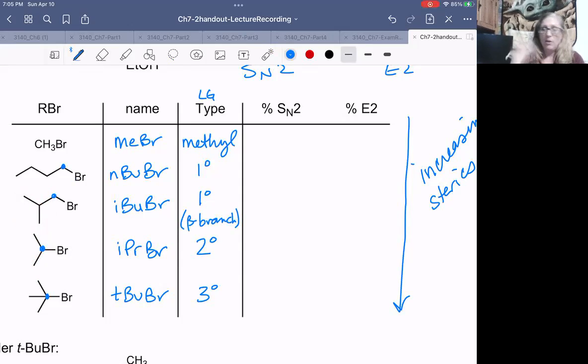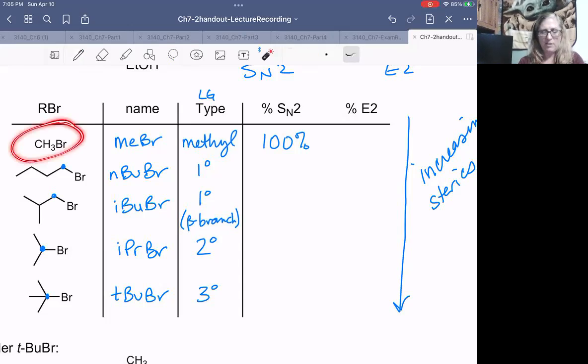Okay, so when we run these reactions, let's take a look at the data. When we have methyl bromide, does that look good for backside attack? That looks fantastic for backside attack. So we actually get 100% Sn2. What about E2 elimination on this?